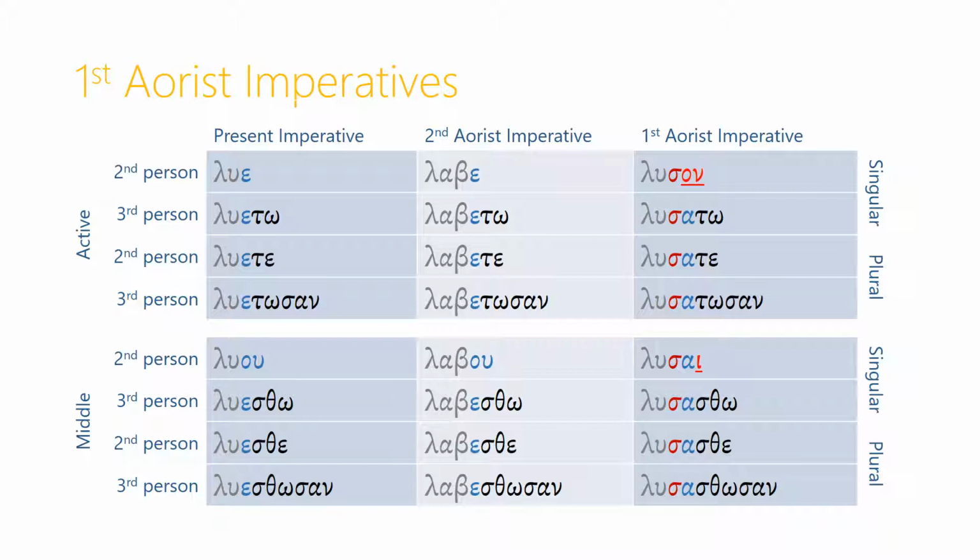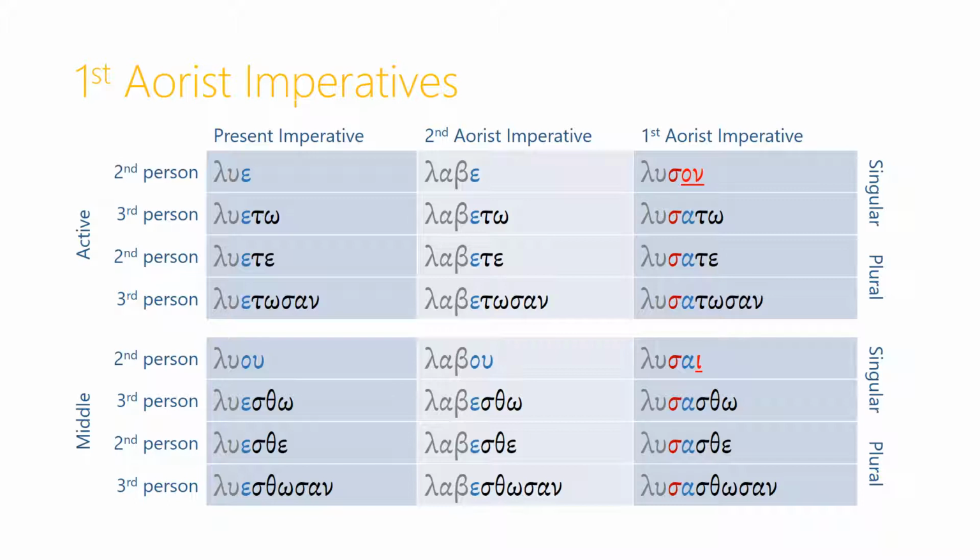So we saw luci earlier, and there we treated it as to loose, or setting free. Here we have the same letters, luci, but now this isn't an infinitive, this is an imperative. And so luci here would mean something like set free or let go.